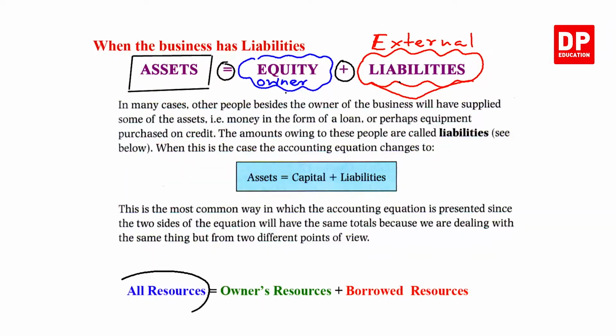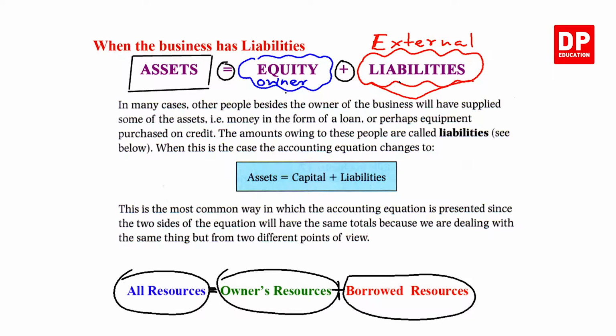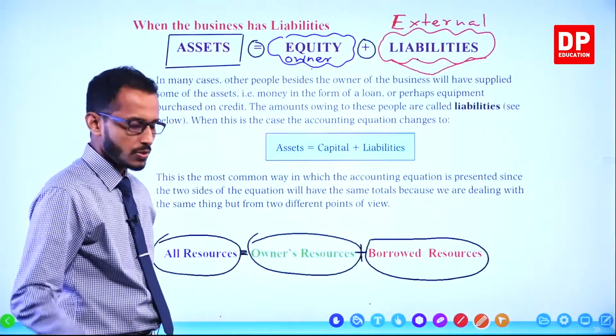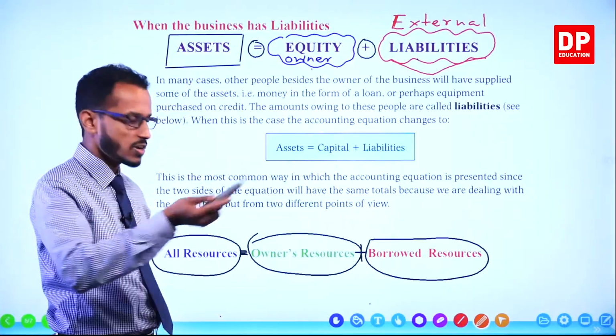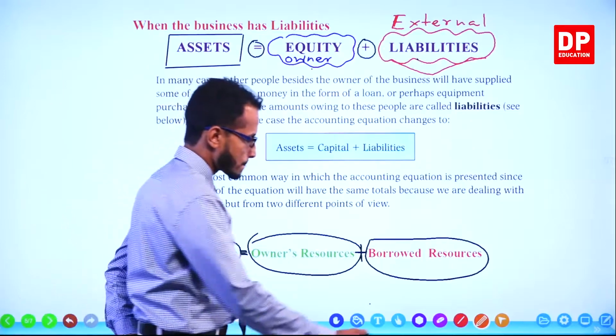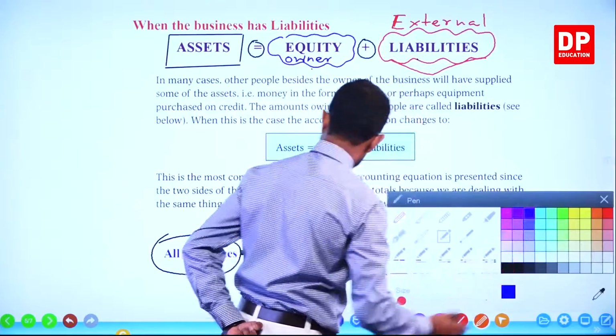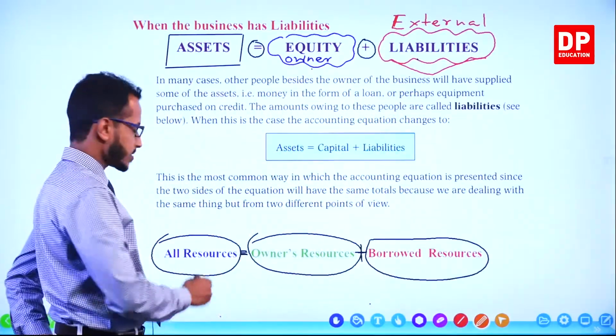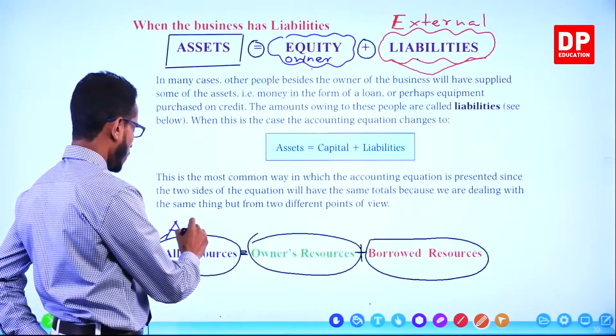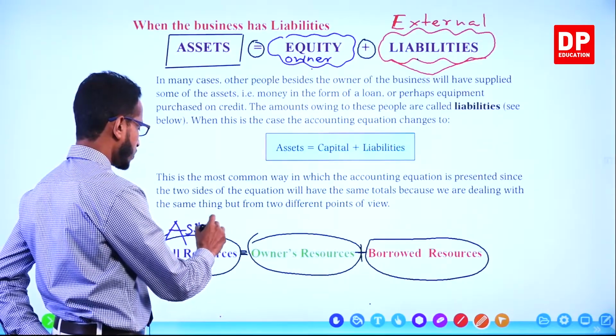All the resources are equal to owner's resources plus borrowed resources. Now you are going to give me the correct wordings. All the resources are called what? Assets. Very good, children.